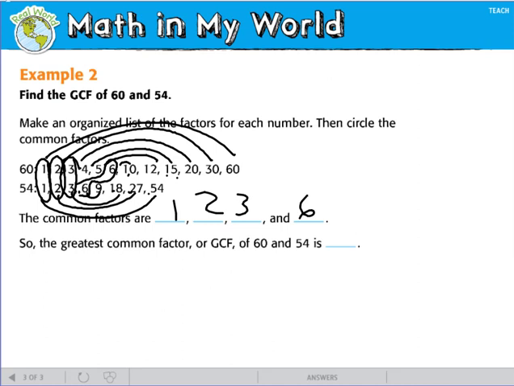Can anybody see what number is always going to be a common factor if you do it this way? What number is always going to be a common factor? 1. 1 is going to be everywhere. Okay? Now, in this case, our greatest common factor of 60 and 54 is 6. That's the greatest number that we circle that they both have in common.